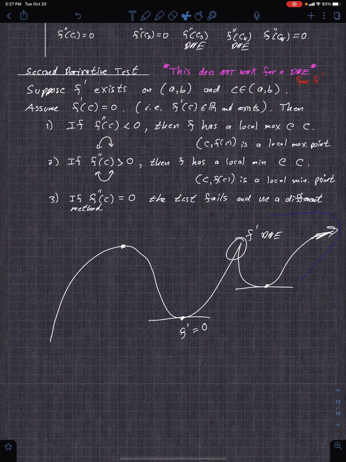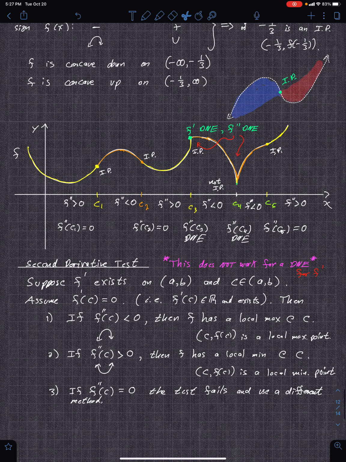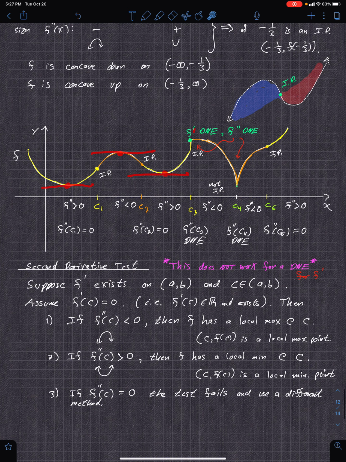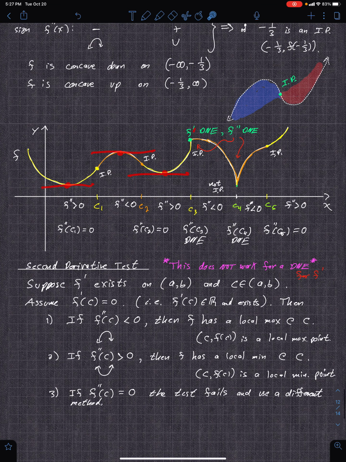Okay, so let me just get rid of that. Going back to this graph here, I don't want to clutter it, but here and here and here, you will get f prime is 0, f prime, not double prime. You'll get horizontal tangents on all those spots. And so then you may use the second derivative test, and you'll get concave up versus concave down, and that's how you remember.